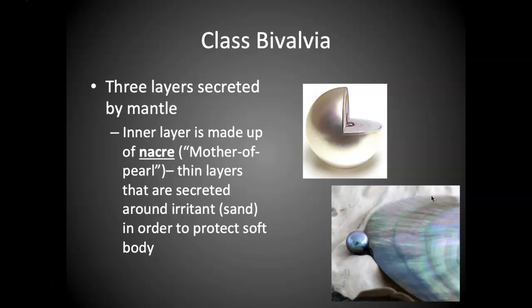You can imagine that as they bring water in, that sand keeps rubbing up against the gills or against the soft body. And in order to protect that soft body, they will start to secrete this around it. And so you can actually build up pearls within these bivalves by placing some sand within them, because they'll start to secrete this nacre around that sand.